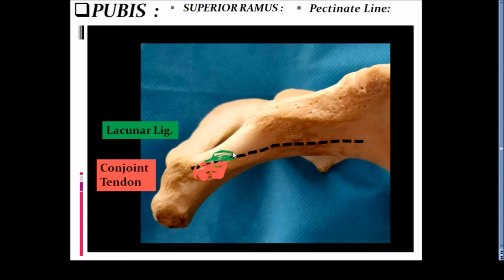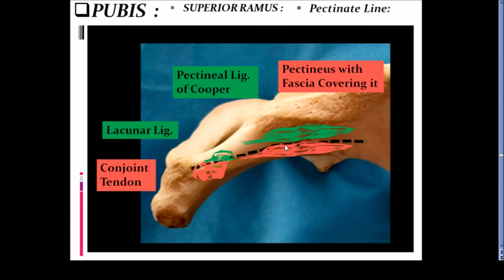Now the attachment lateral to this lacunar ligament. This whole area of the superior border gives attachment to the pectineal ligament of Cooper. The pectineus muscle along with its fascia arises from the whole length of the pectinate line.